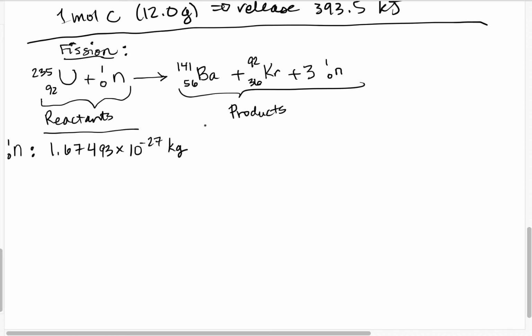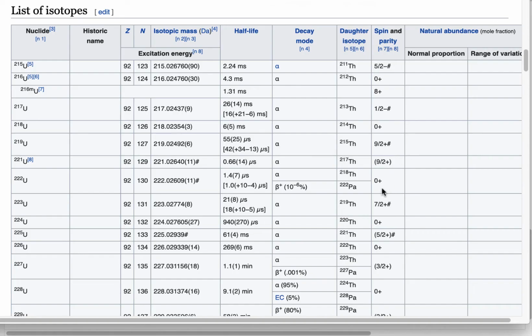But we need to be able to find the uranium's mass too, and not all of these are going to be available in your textbook, so let's go look them up. One of the places where we can find information about isotope masses is Wikipedia. As I said, Wikipedia has a lot of useful information for scientists.